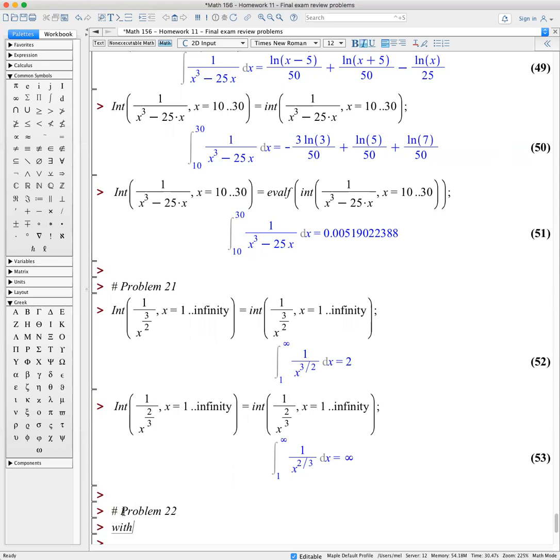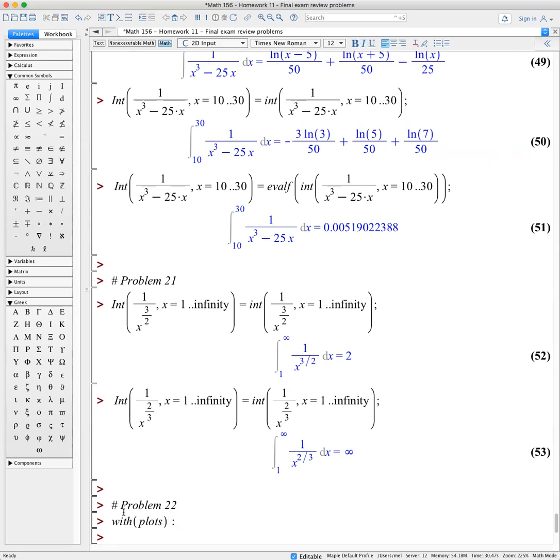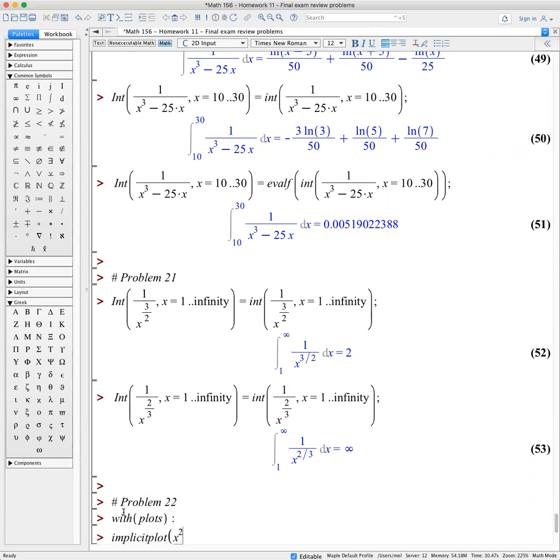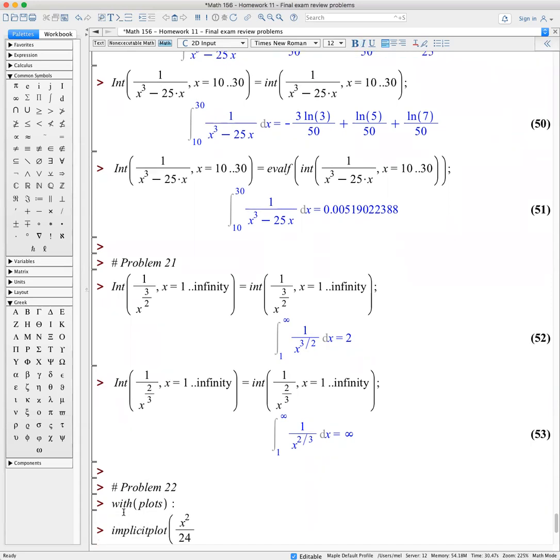So I want to use implicit plots for the moment, just to graph this implicit plot. And this is an ellipse. X squared over 24 plus y squared over 54 equals 1.